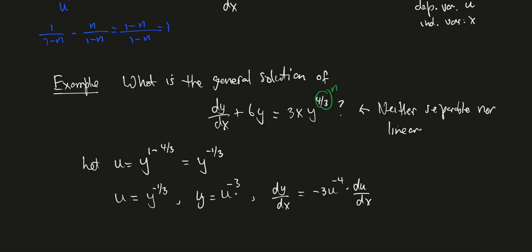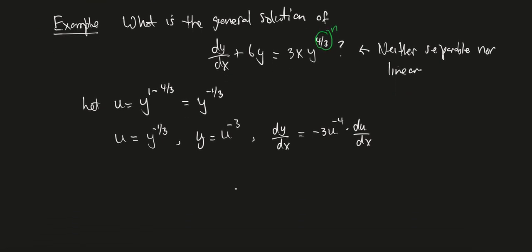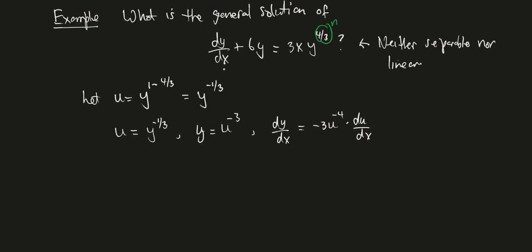And then let's plug everything in. So dy dx is replaced with -3u to the -4 times du dx. That's this term, and then plus 6 times y, which is u to the -3, is equal to, now this term, we have a 3x, and then we have y to the 4/3 power.